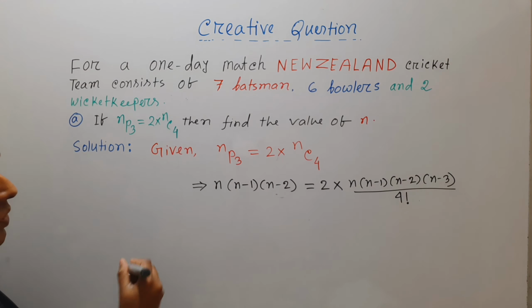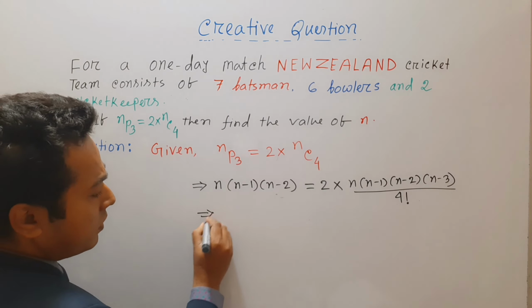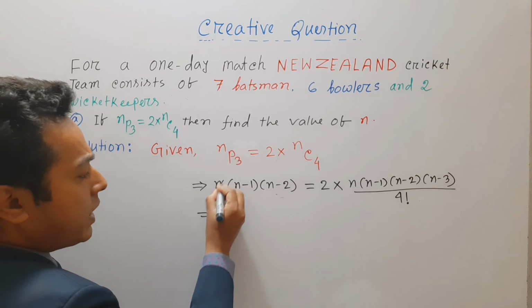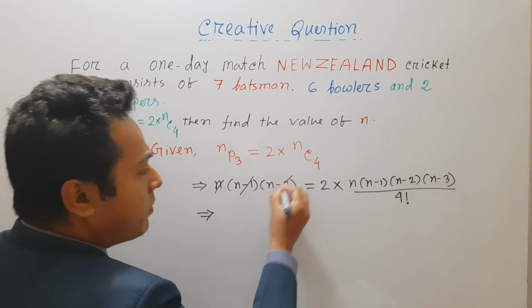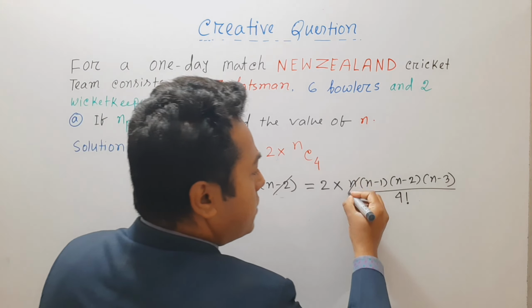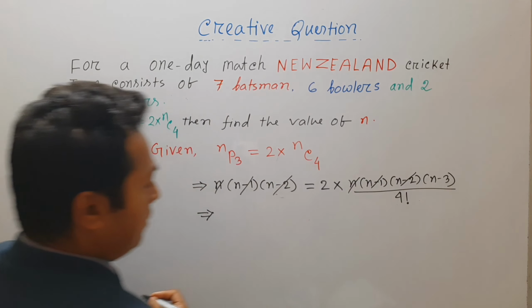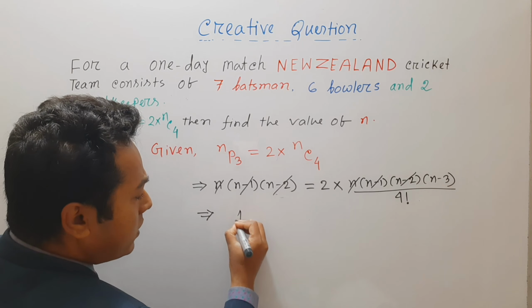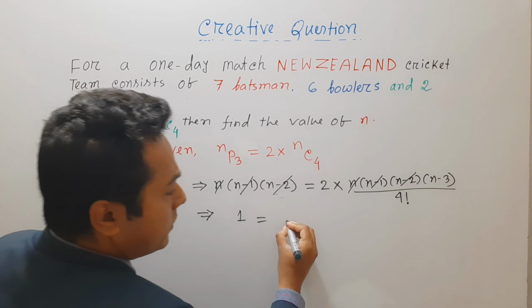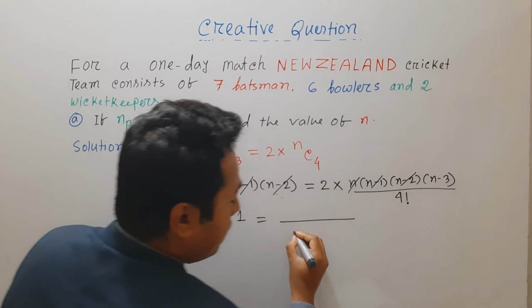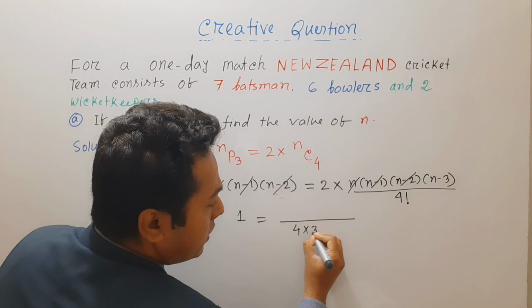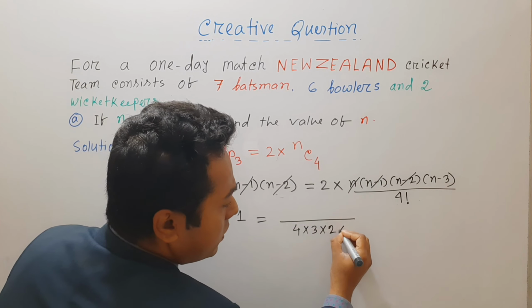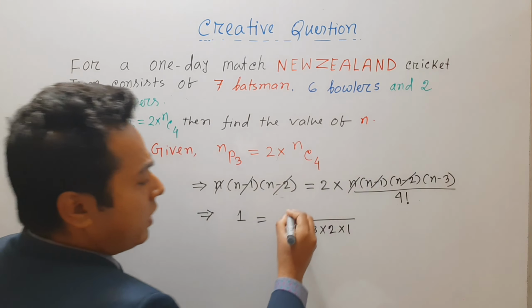Okay, so dividing both sides by n into n minus 1 into n minus 2, then here 1 is equal to 2 into n minus 3 over factorial 4, and factorial 4 is equal to 4 into 3 into 2 into 1.